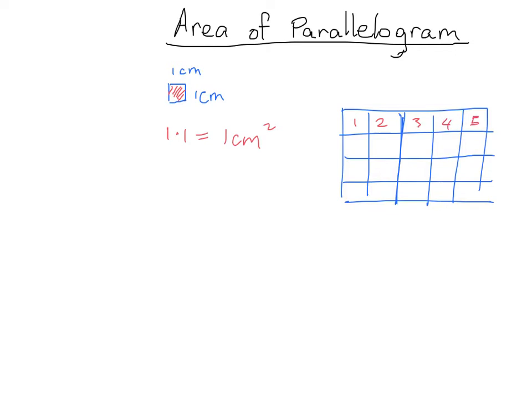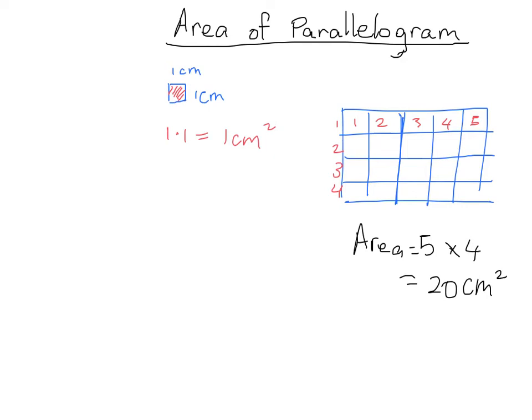And we would count the squares going down. 1, 2, 3, 4. There are 4 squares going down. So in all, the space this rectangle is taking up is 5 times 4 squares. So our area here would be 5 times 4, which is equal to 20. They're 20 centimeter squares, so we call the area here 20 centimeters squared.